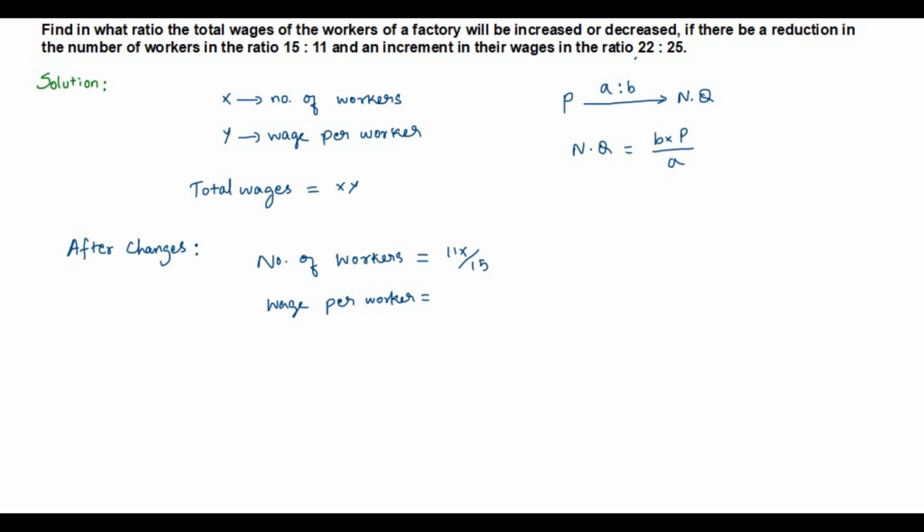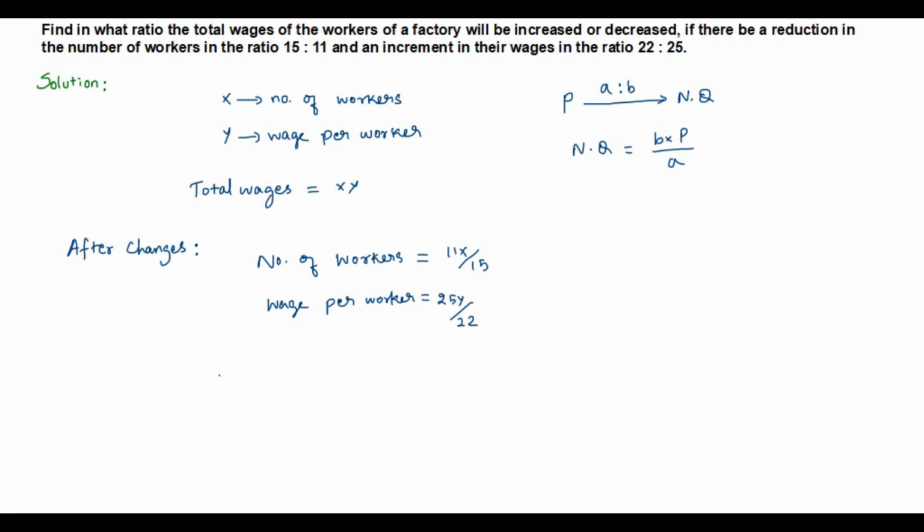Now the same thing we have to do for wage per worker. Already there is wage Y per worker. This wage is going to be increased in the ratio 22:25. After increase, the new wage will be the second term of the ratio, 25, times the existing wage Y, 25Y, divided by the first term of the ratio, that is 22.